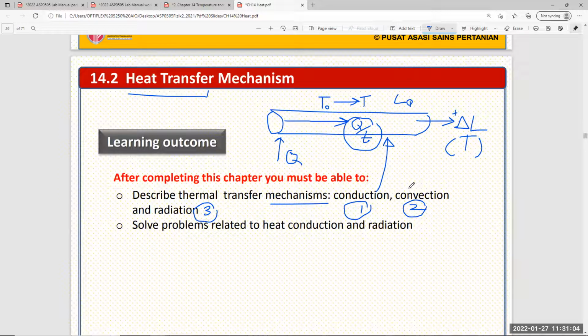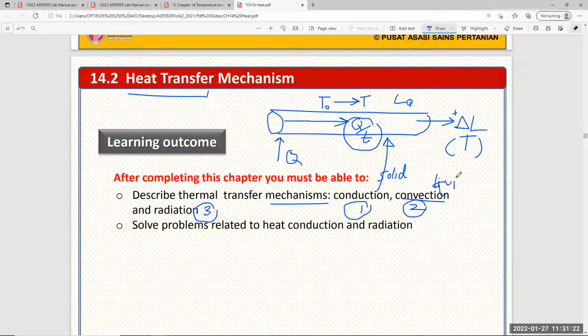Then we will also discuss convection. Conduction is mainly the case for solids. When it comes to convection, it applies to liquid and gas.